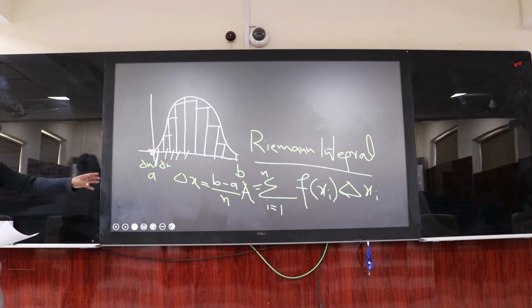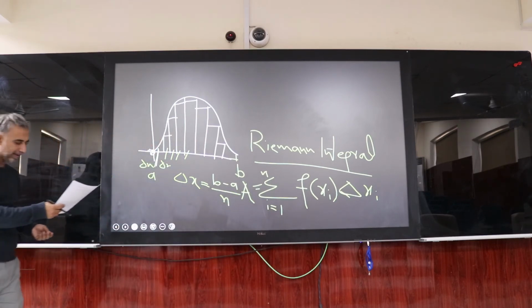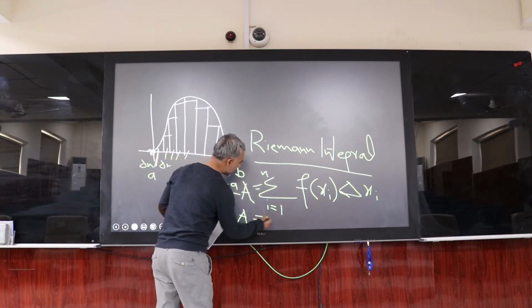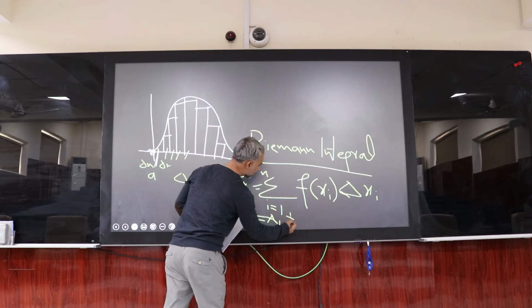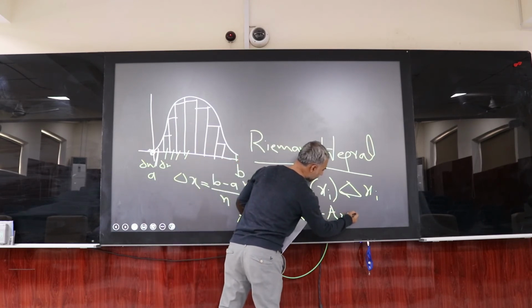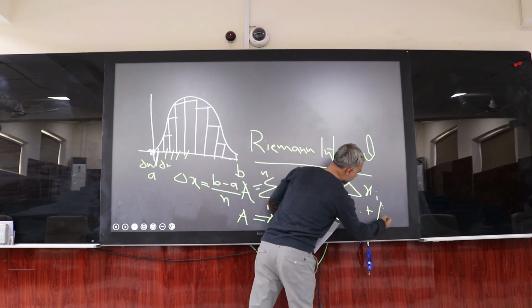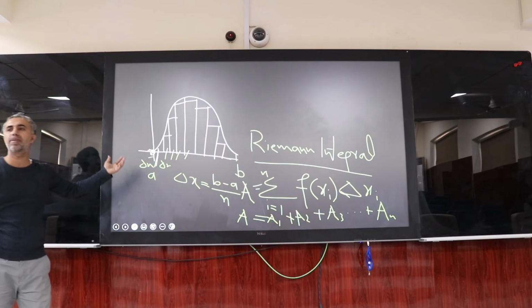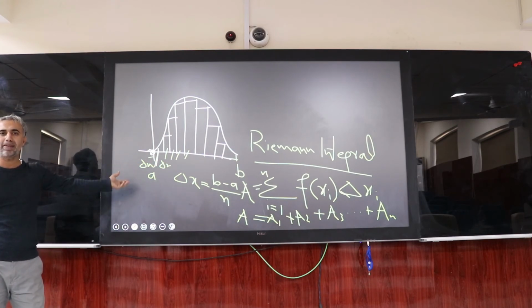We sum up all these areas, or you can say this is the net area, and it is the sum of A1 plus A2 plus A3 plus up to An. So there are n rectangles, we need to determine n areas, and sum them all up.